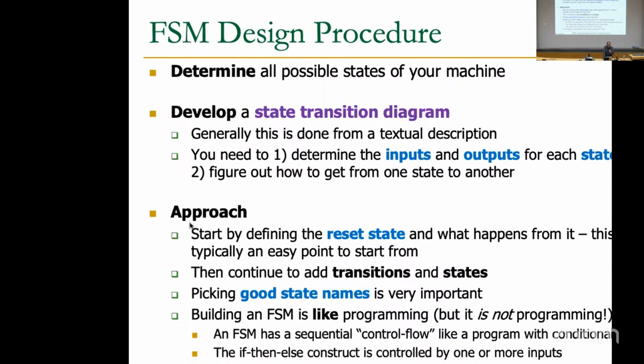And as an approach, we can start by defining the reset state and what happens from it. This is typically an easy point to start, and then continue to add transitions. Building an FSM is like programming, but not completely. An FSM has a sequential control flow, like a program with conditionals and go-tos, essentially.